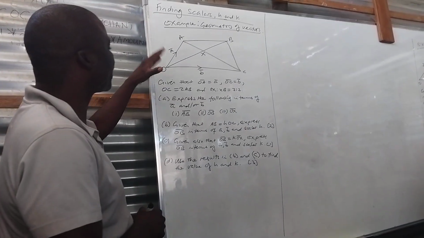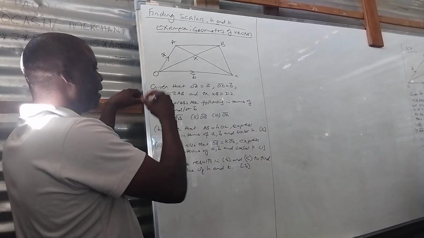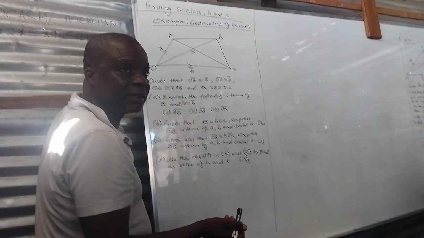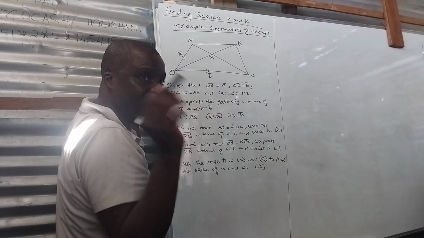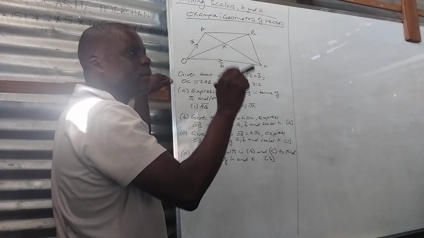So let's look at this question and assume that it is like the previous one. It's a trapezium. AB and OC are parallel.